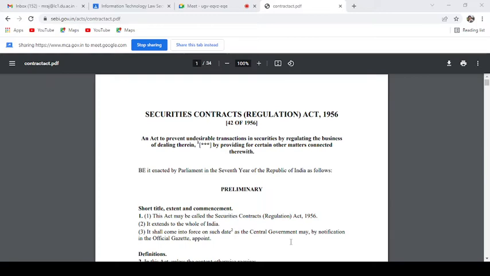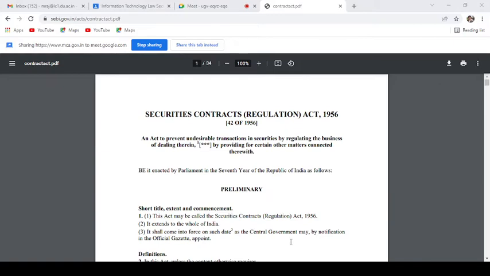So the very purpose is that the company either allots, that means the sale, or agrees to the sale, with a view to all or any of those securities being offered for sale to the public.